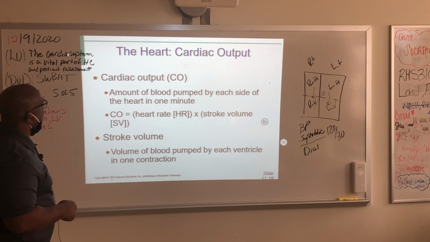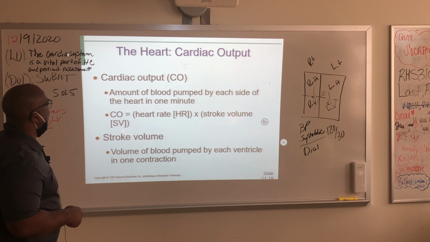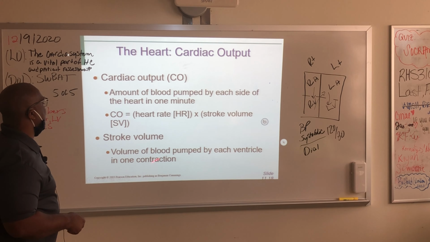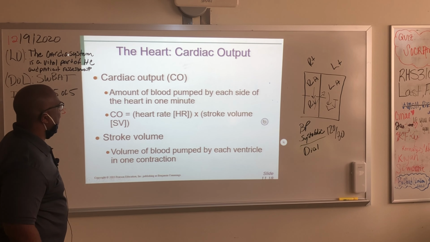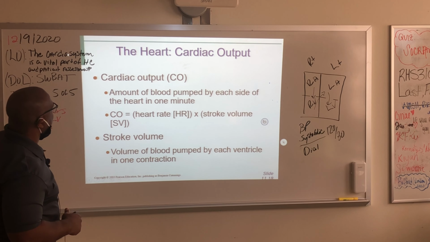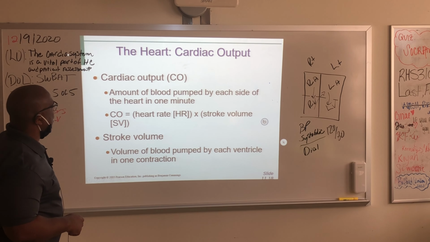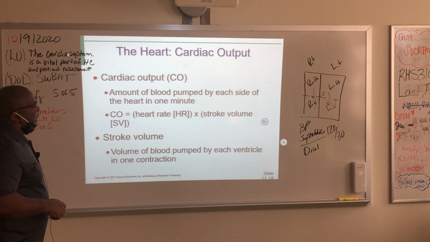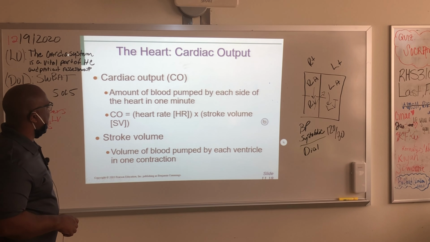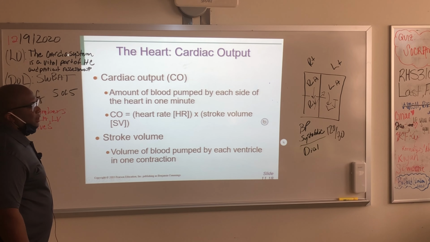Here is the formula: CO equals heart rate times stroke volume. Stroke volume is the volume of blood pumped by each ventricle in one contraction. So the third bullet is the most important in this particular slide.